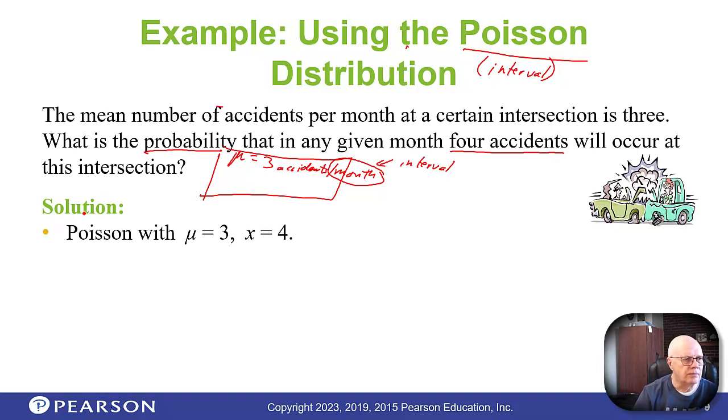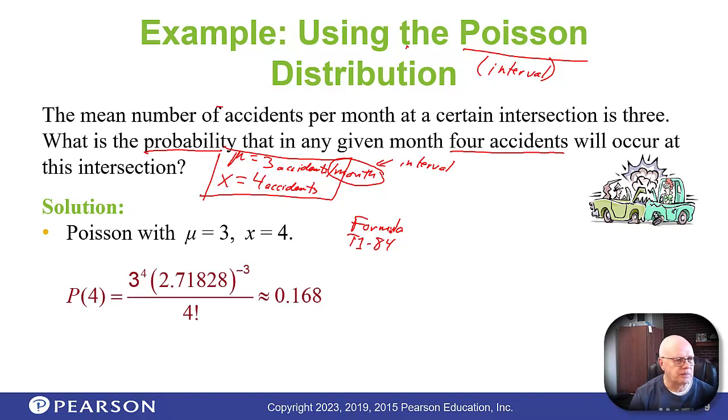So we've got mu equals 3. The x that we're interested in is 4 accidents. And all we need to do is use either our formula, if you like, or you can use your TI-84. There's the formula.